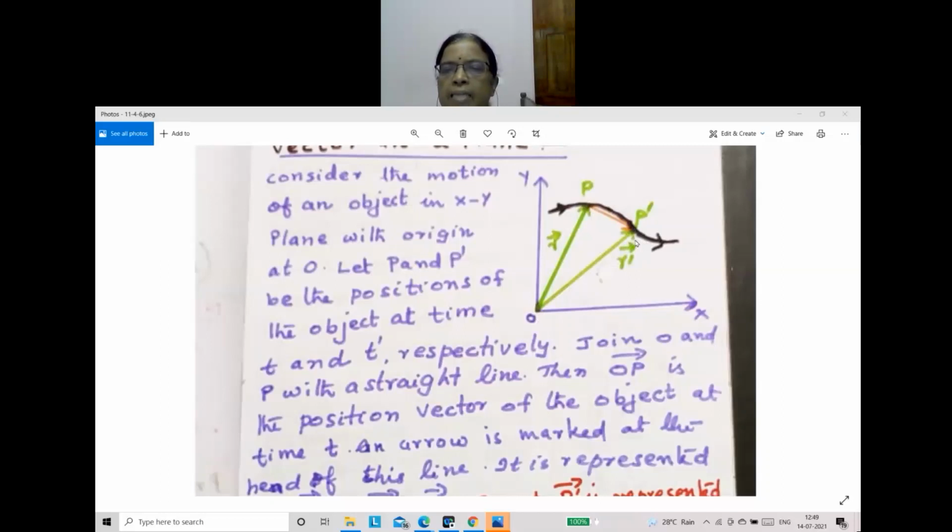The displacement vector is the straight line joining P to P dash, as the body moved from P to P dash. The length of this line gives the magnitude of the displacement, and the arrow mark shows the direction of displacement. Okay, so now we know what position vector and displacement vector are.